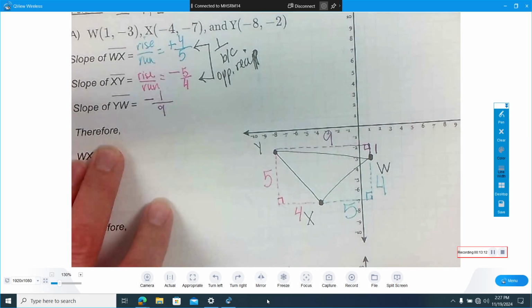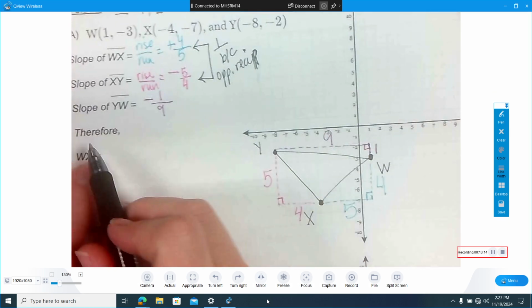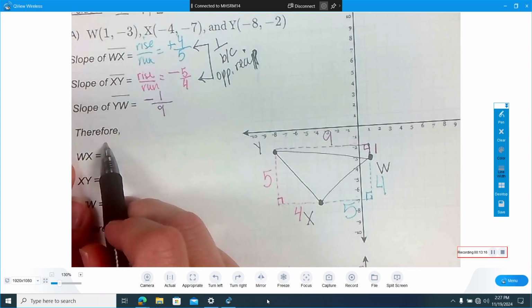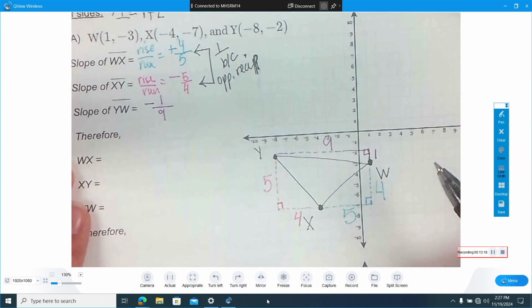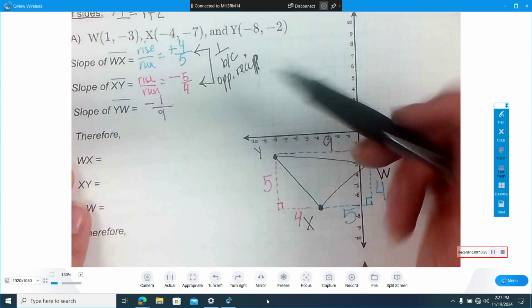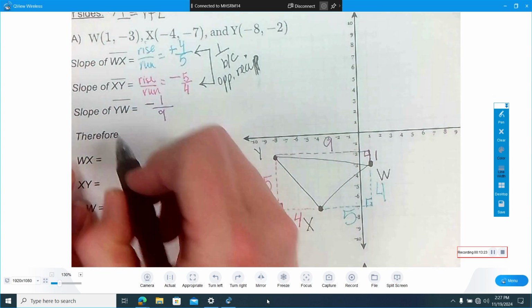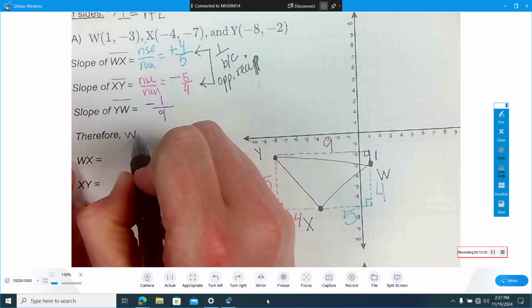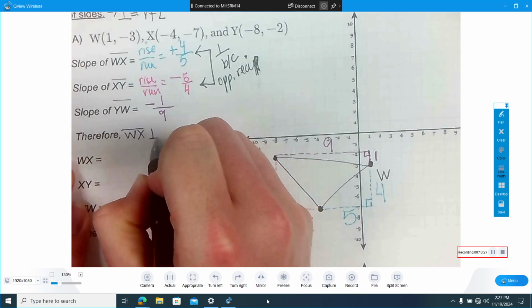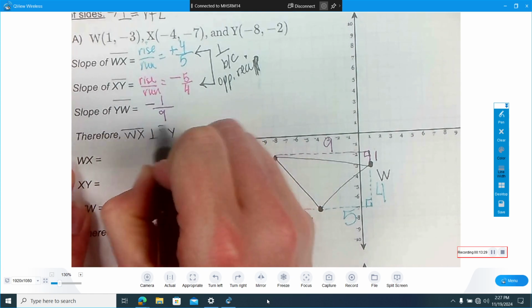We can find the lengths by doing the Pythagorean theorem. You're absolutely right. But before we do that, what do we know for therefore? So we do have opposite reciprocals. So we know that WX is perpendicular to XY.